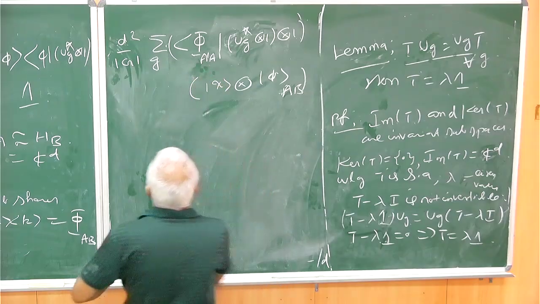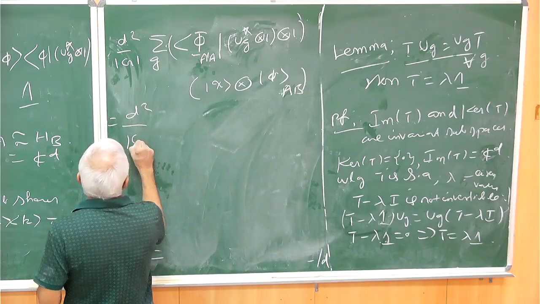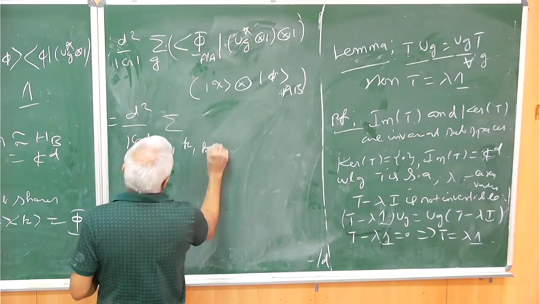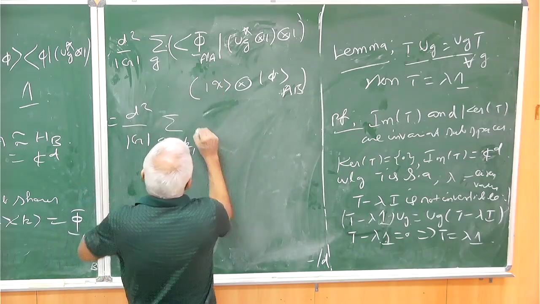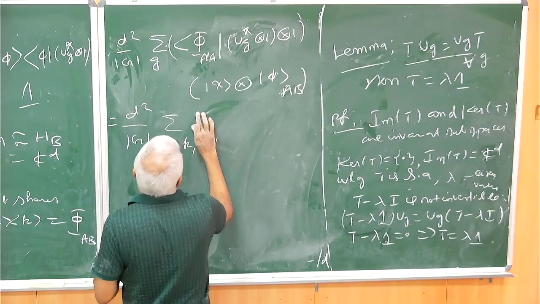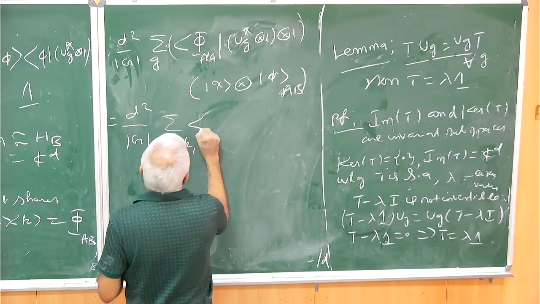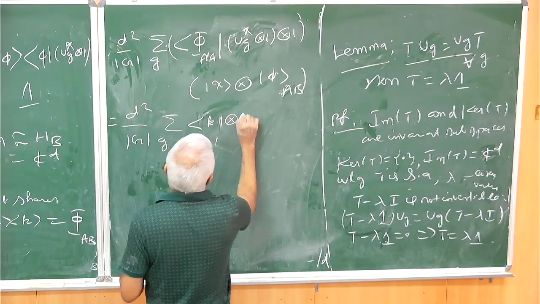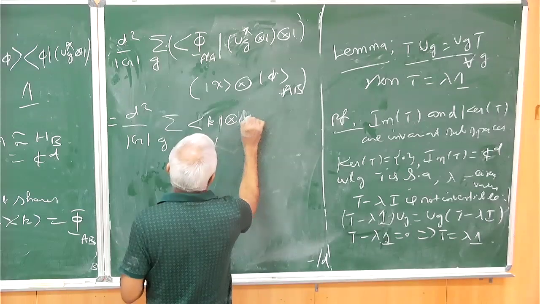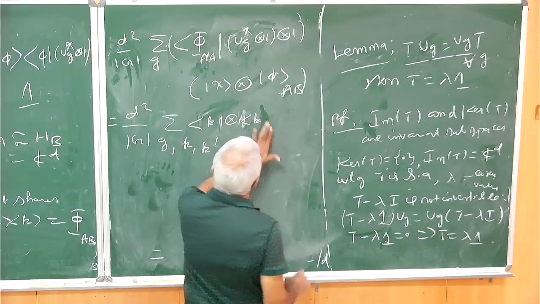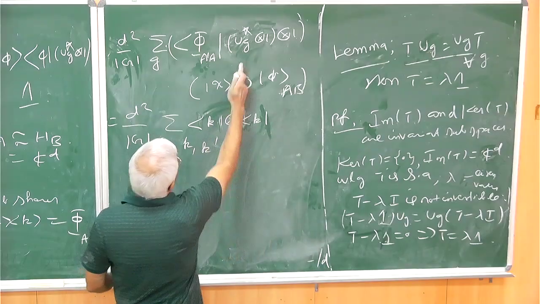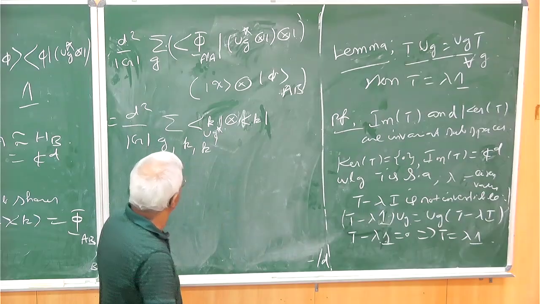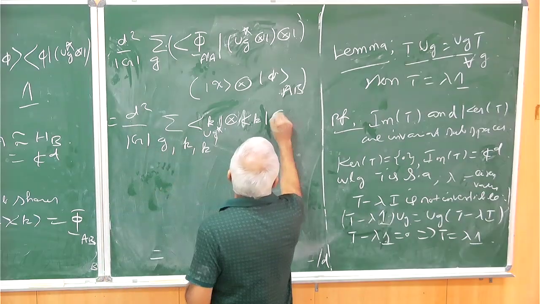So this is equal to D square by mod G, summation over G, K and K prime. This is a vector, so it will be K tensor K. Then UG star acts on this, tensor 1.